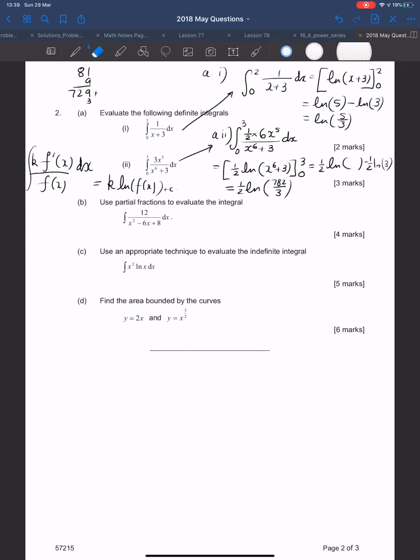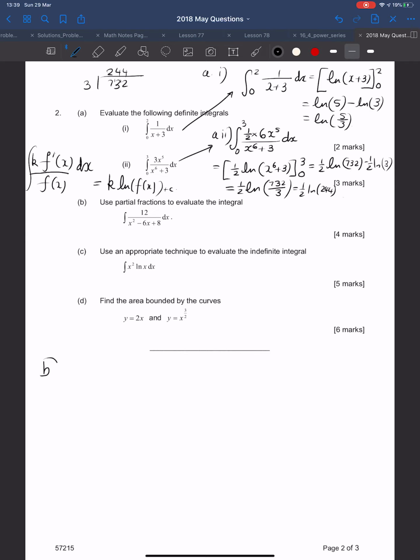Sorry, 732. I knew it should divide by 3 exactly. So 732 divided by 3 is 244. A half ln 244. You can't simplify it more than that.